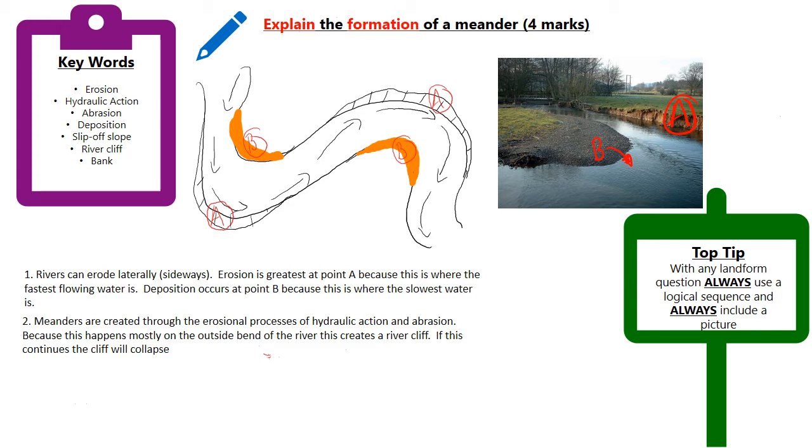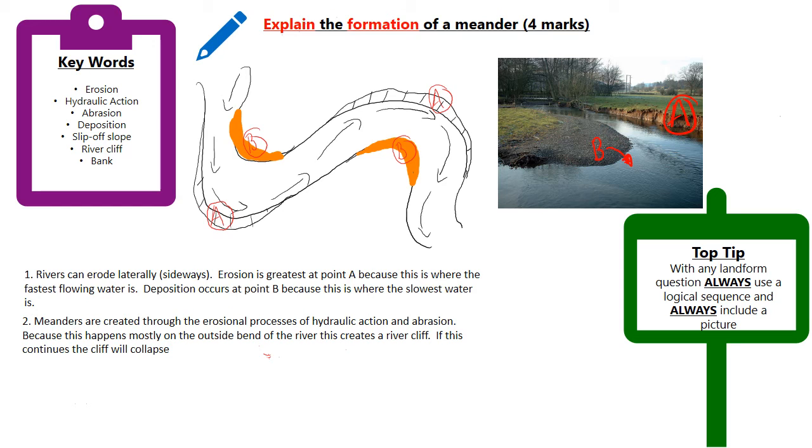And abrasion, remember abrasion is when sediment and rocks hit the sides and the base of the river, making it wider, wearing away the river banks and the base. This mostly happens on the outside of the bend, and that's logical, because it's the fastest river, it's got more energy, and therefore you would expect the erosional processes to be bigger where there's more energy, and it's going to create a river cliff.